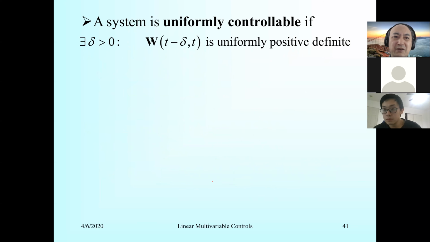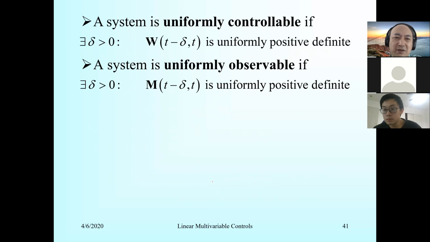So now we're talking about the system being uniformly controllable. Then we say there exists a small delta such that W is uniformly positive definite in that sense. Okay, that's our controllability gramian. And uniformly observable means the observability gramian, with the existing delta in here, is also uniformly positive definite.